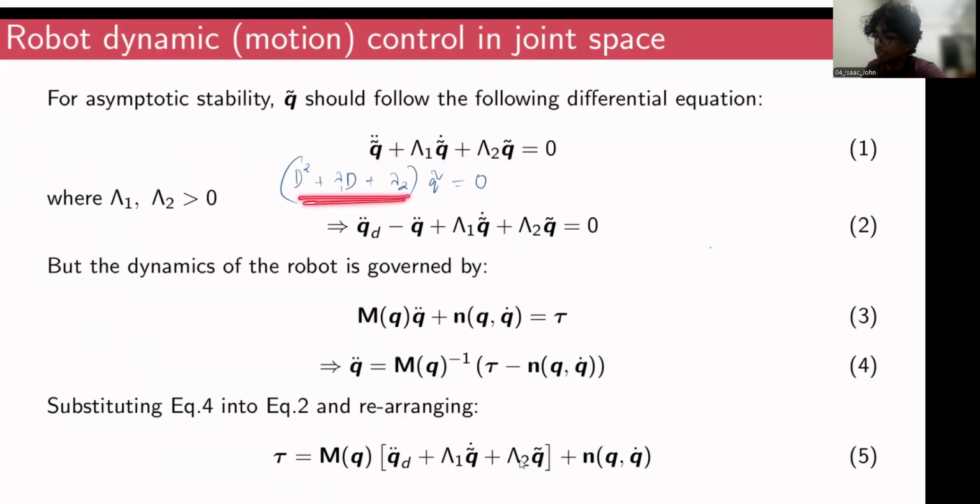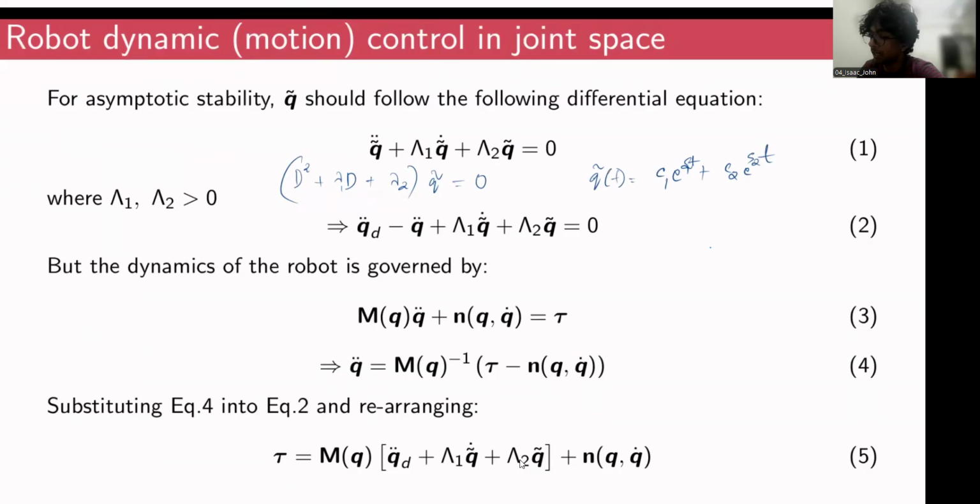So what would be the characteristic equation, or the homogeneous solution of a differential equation of this form? You would know that q tilde would take a general solution of the form c1 e raised to s1t plus c2 e raised to s2t.